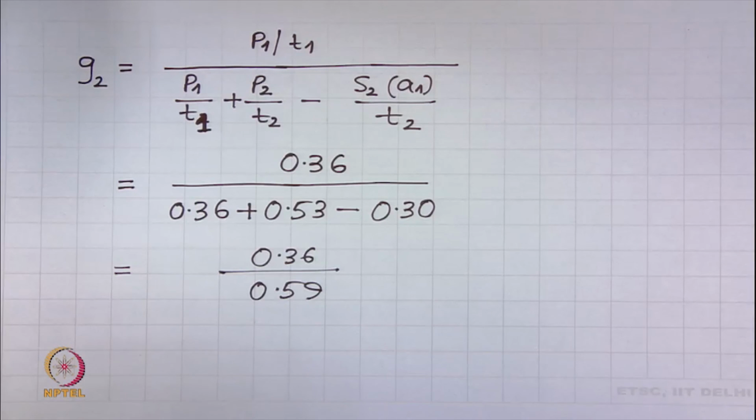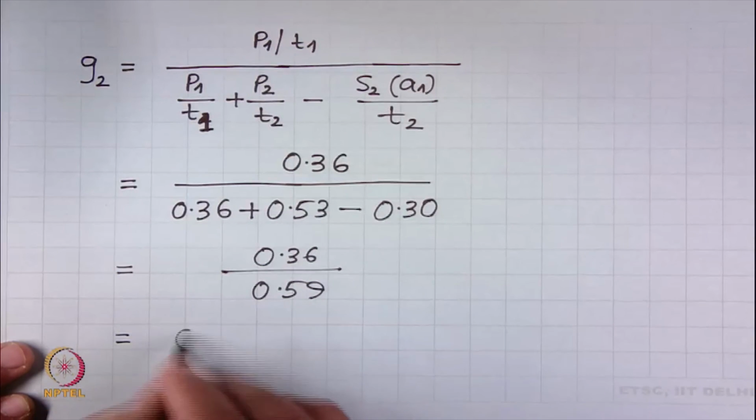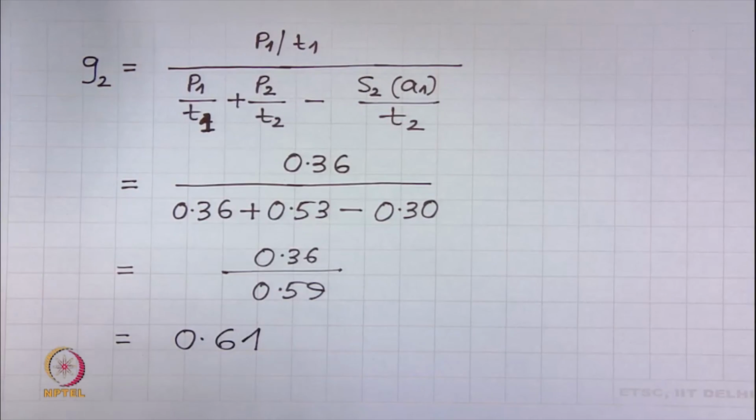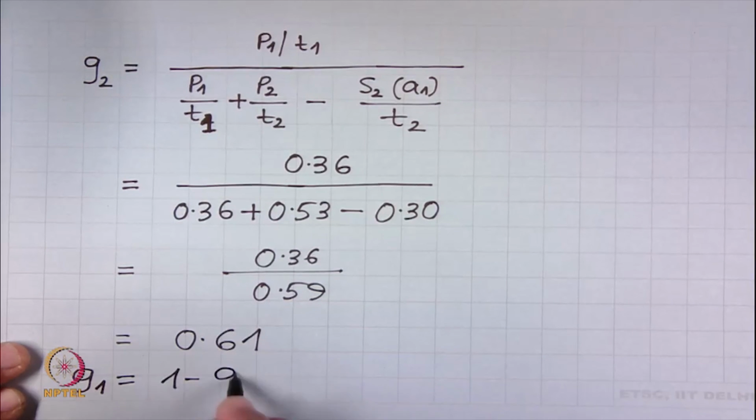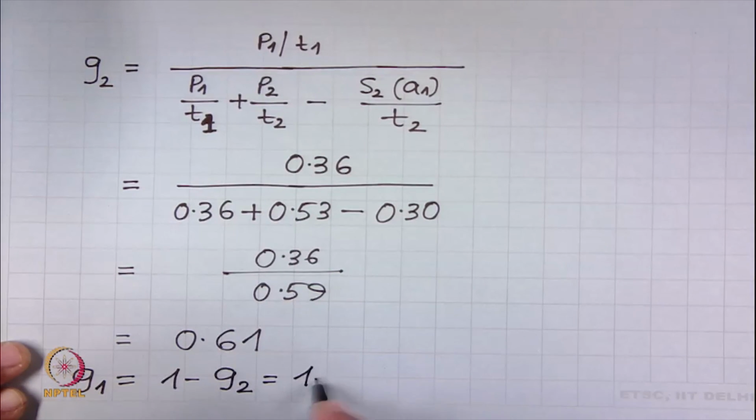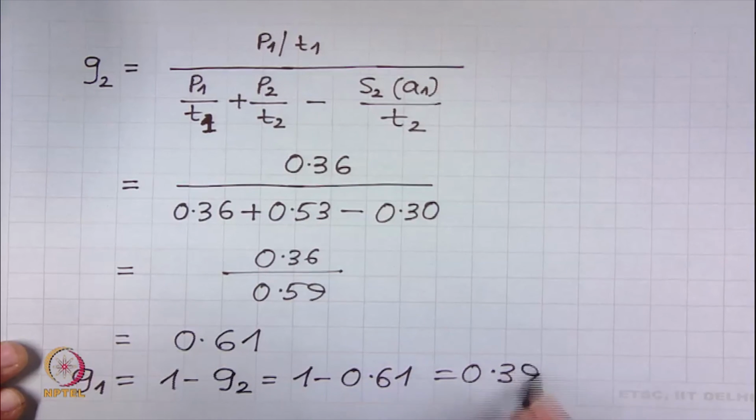So, this will be equal to 0.61. Then what is G1? G1 is 1 minus G2. So, 1 minus 0.61, so 0.39.